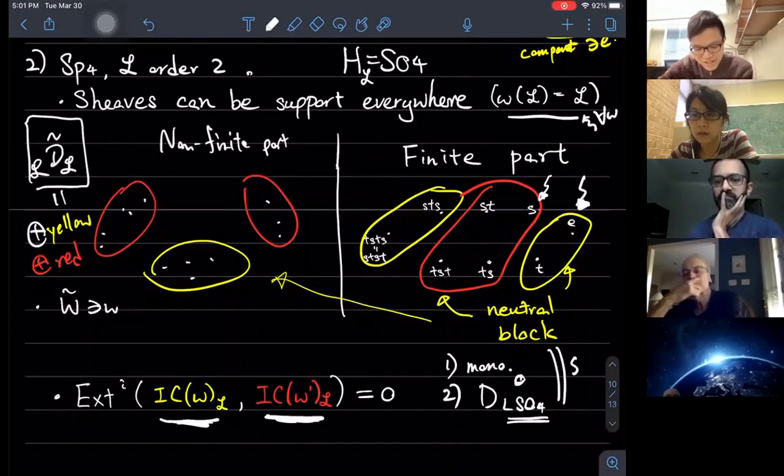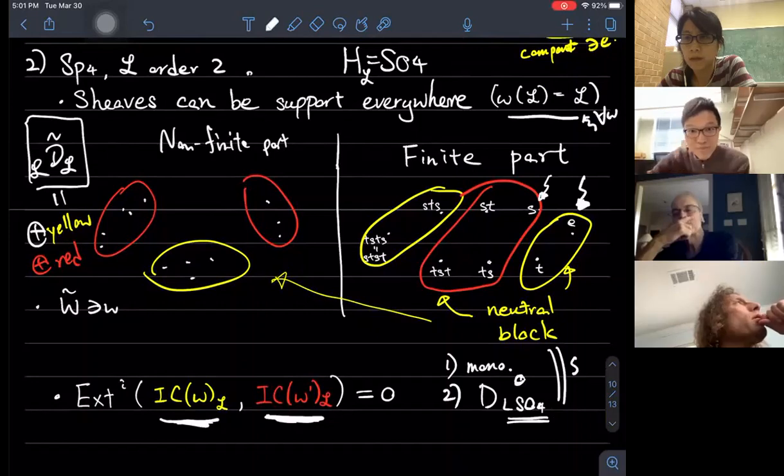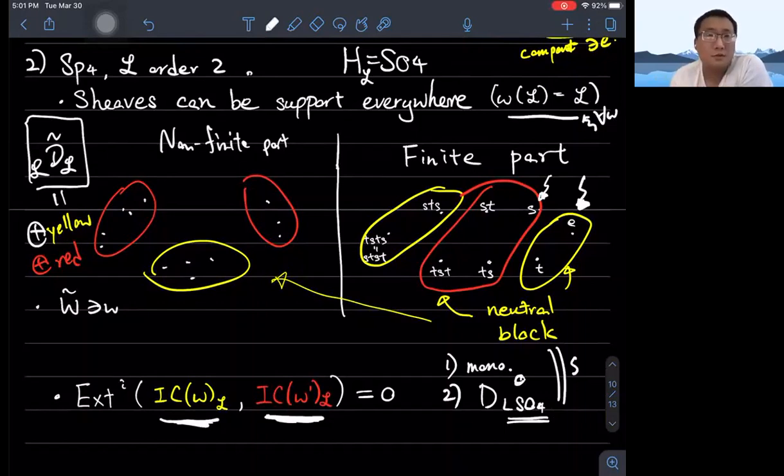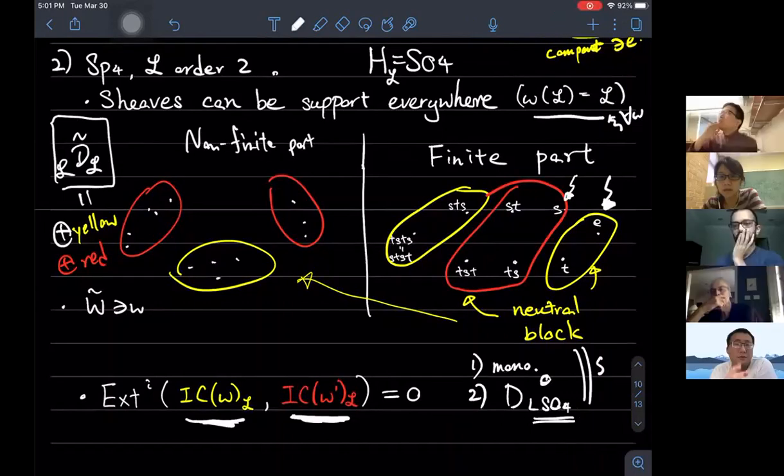The yellow block is a group, but the red block is not a group. So if you tensor. No, I'm asking if this is a module category over the neutral block. So if you tensor the neutral block and the non-neutral block, yeah, you will get itself, right?